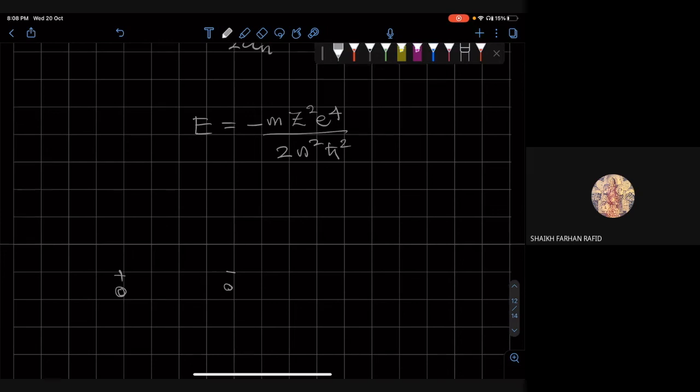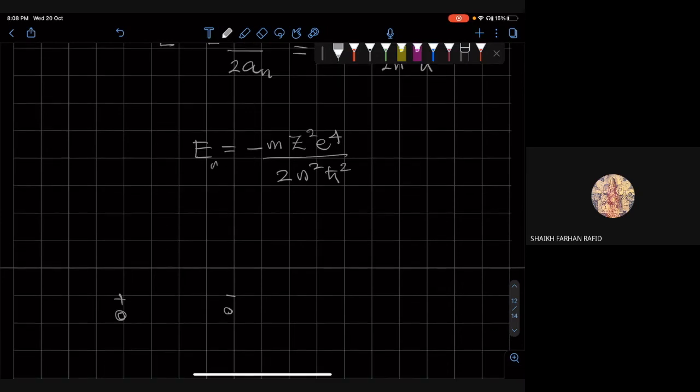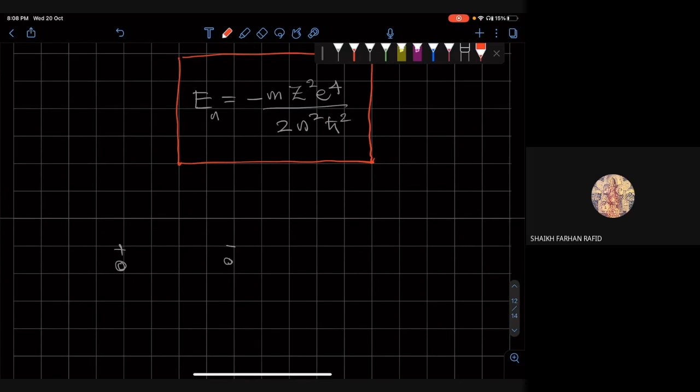Or if I go to the hydrogen atom, this is the energy of the hydrogen atom. See that its energy levels are negative, right? What is the most negative energy level? That's E_0, which is for n equals 1. So for hydrogen, Z equals 1.